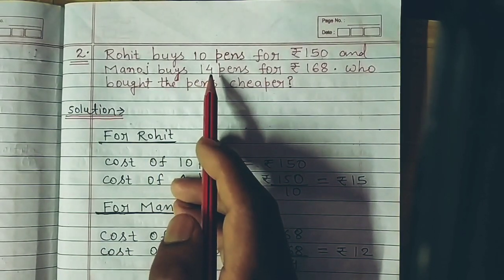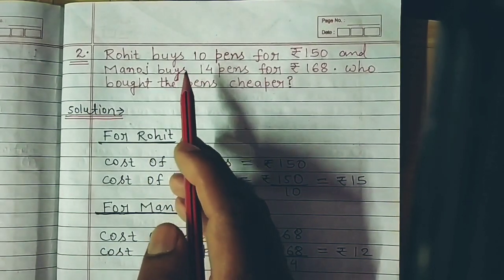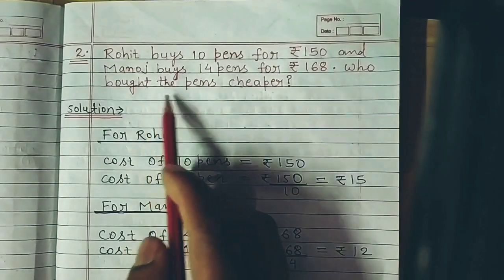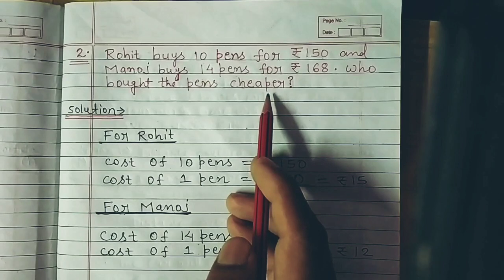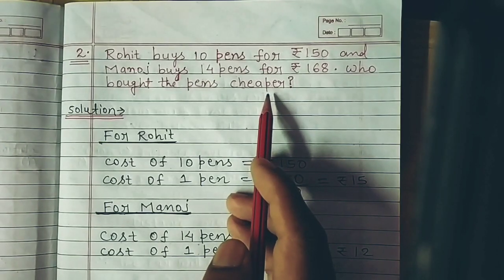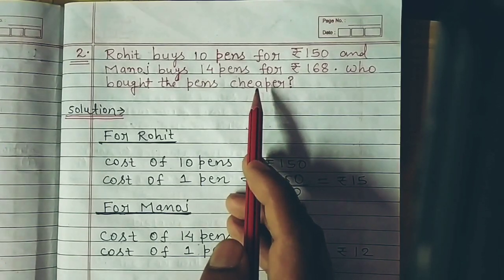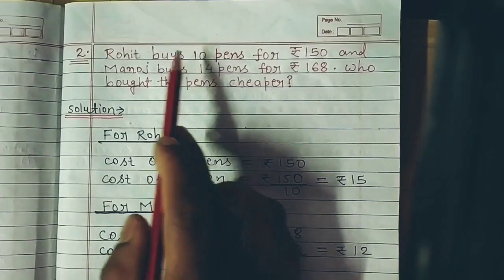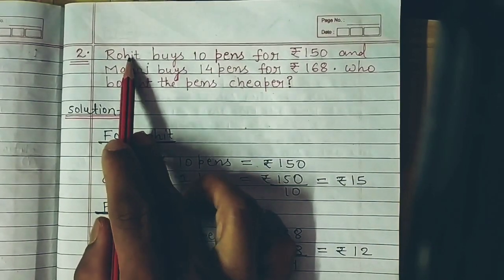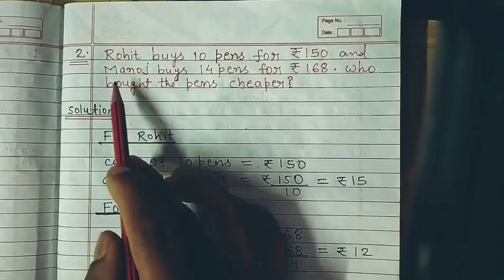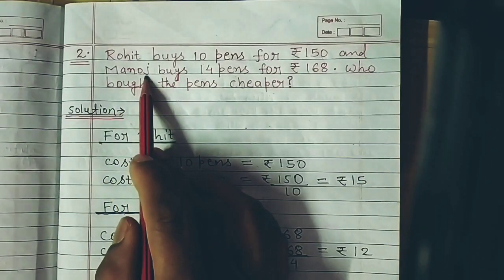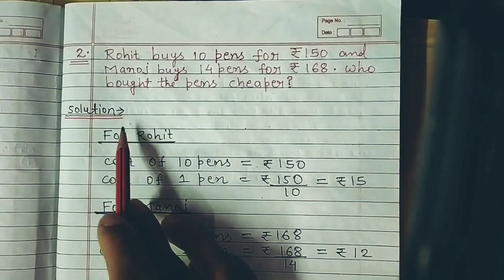So at this stage, we cannot say who bought the pens cheaper. For this, we have to find the cost of one pen for Rohit and the cost of one pen for Manoj. Clear? So I have started here.